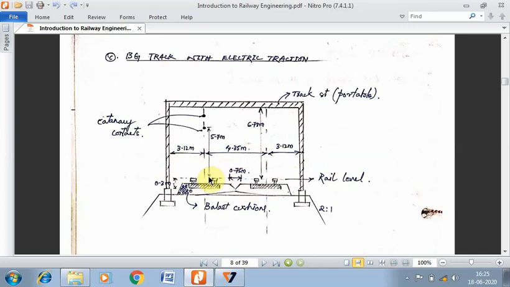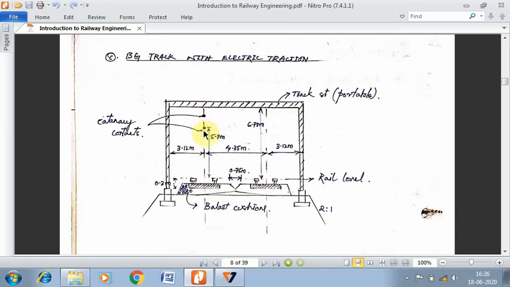Now the distance between the rail level and the first catenary contact is expected to be 5.7 meters. That means the height of the vehicle can be slightly less than 5.7 meters, but the arm which comes in contact with the catenary contact will have its own flexibility, and that would be in touch with this catenary contact. So this is the cross section.